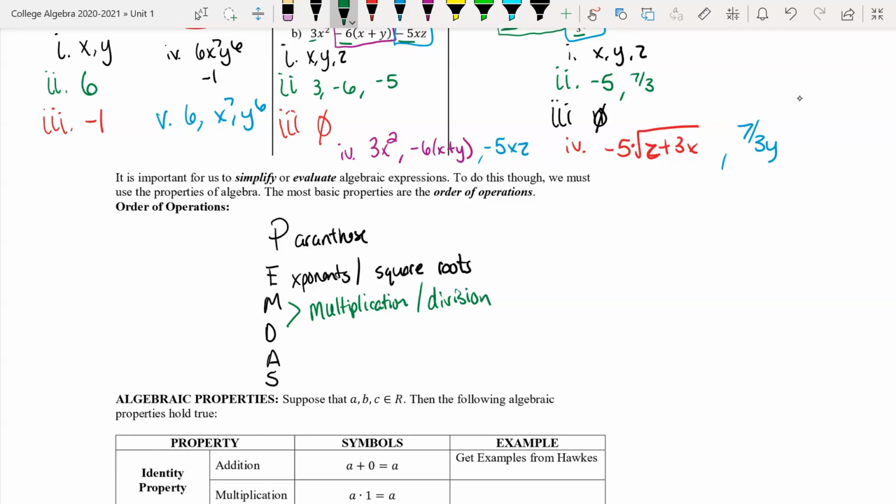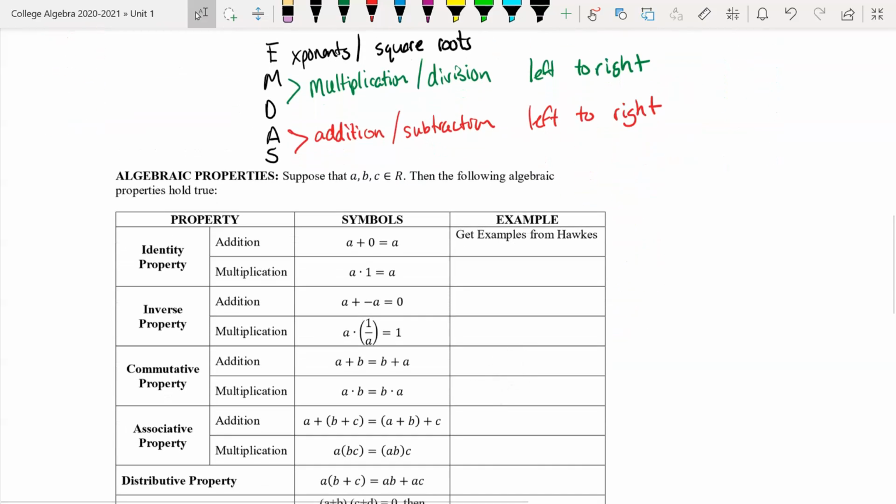They're on the same level. It's the same way with addition and subtraction. We go left to right. With that being said, before we dive into that, I want to talk about the properties.